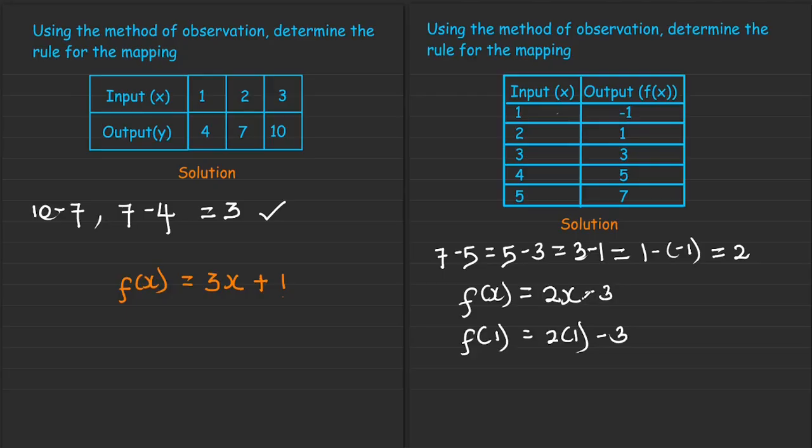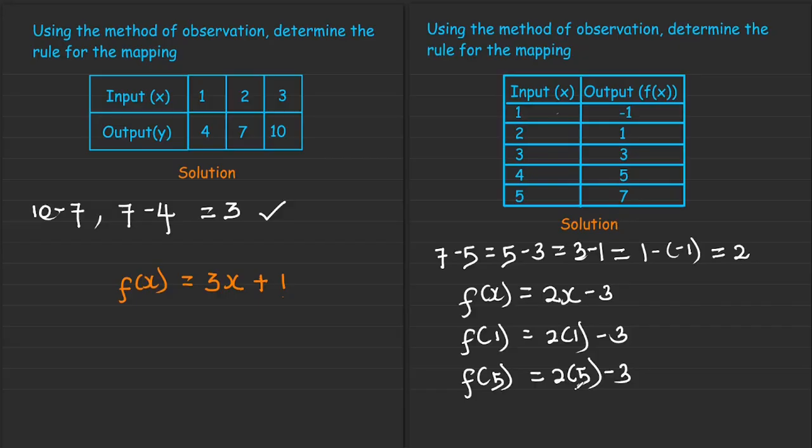And then let's continue with the subsequent input to see if it will satisfy our guess rule here. So for f, let's take the very big one, which is 5. You can take any of them. So we have 2 times 5. 2 times 5 gives us a 10. And a 10 minus 3 gives us a 7.